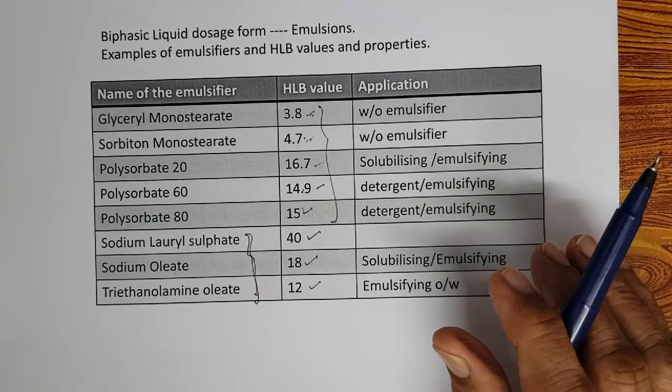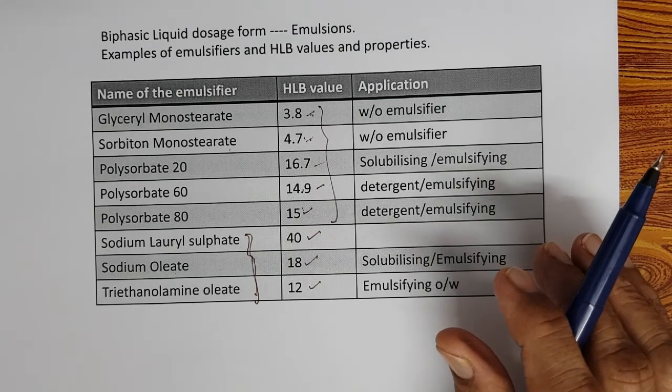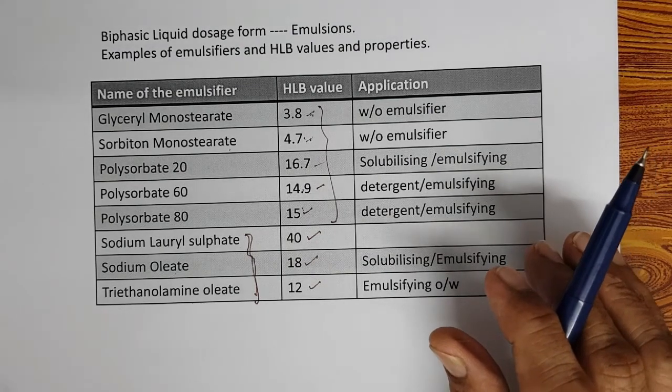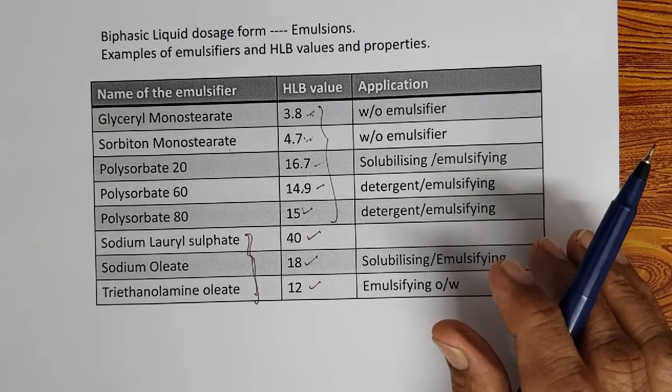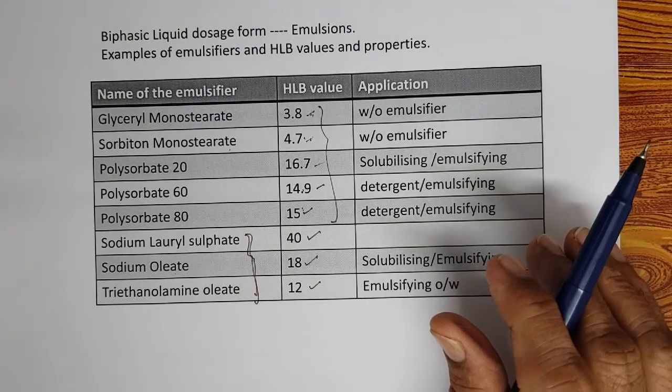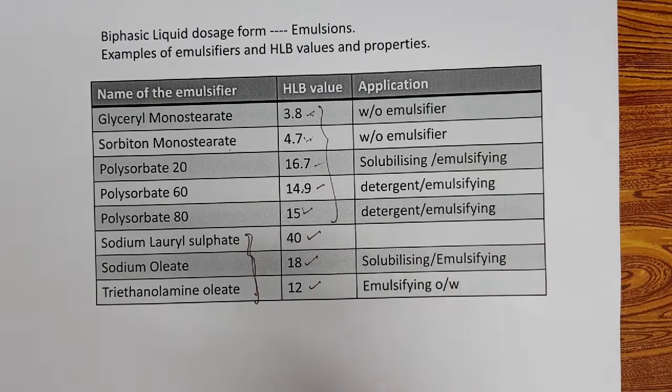From now on, I'm going to explain how the HLB can be applied to calculate the HLB of some ingredients and of formulations. Now you understood HLB, it's a hydrophilic lipophilic balance. Any emulsifier has two portions, one is the head and the other is the tail.